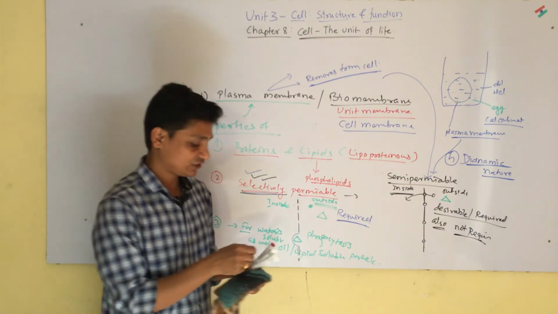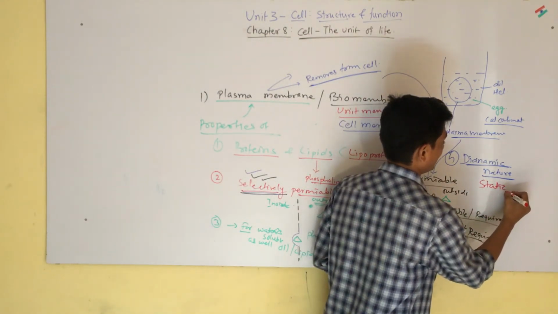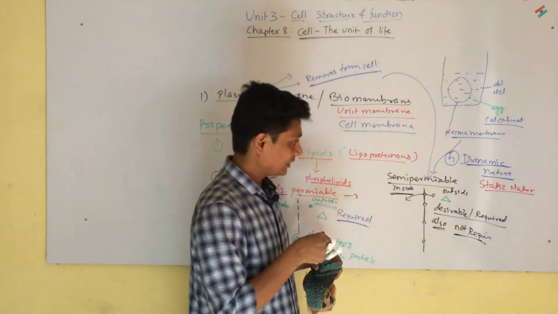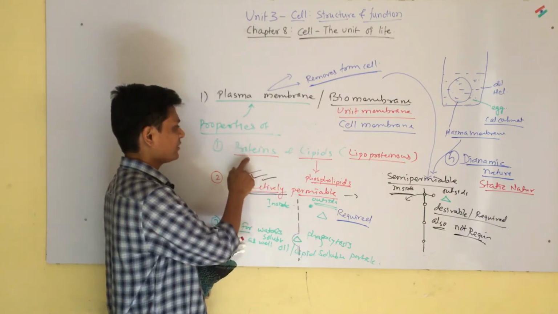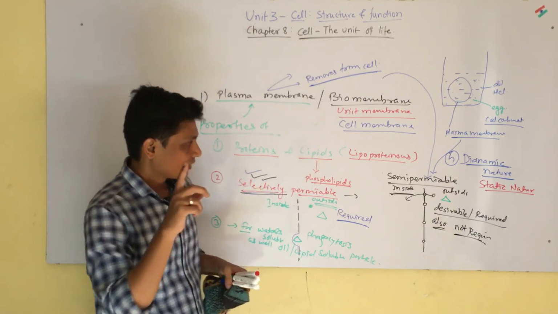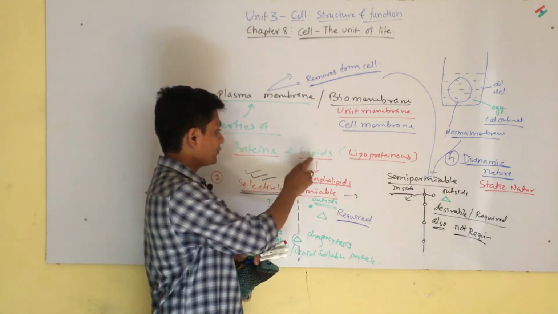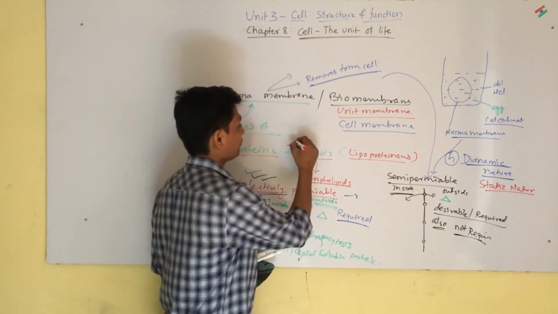First one is static nature. What happens in static nature? The membrane is made up of proteins and lipids, as we know. Then in dynamic nature, what happens? The ratio of these proteins and lipids may vary.